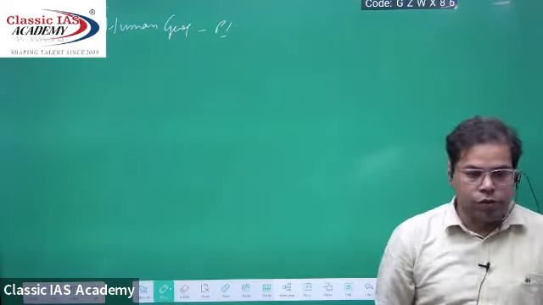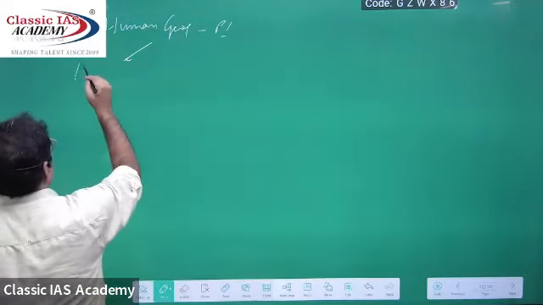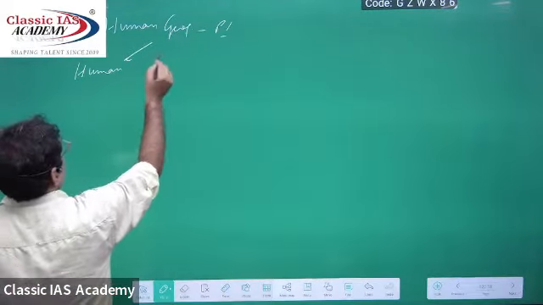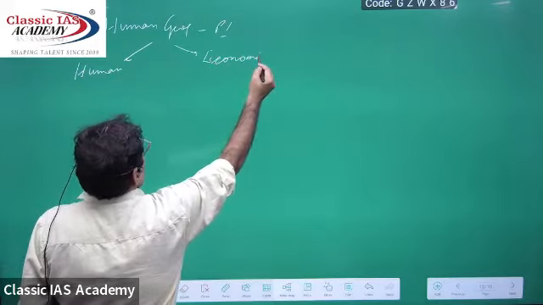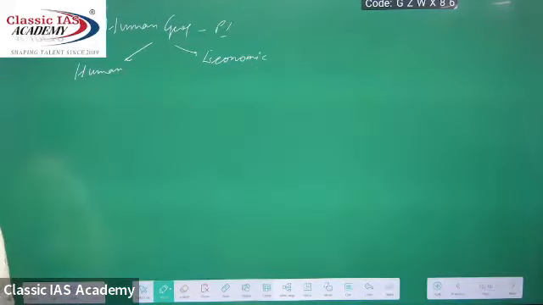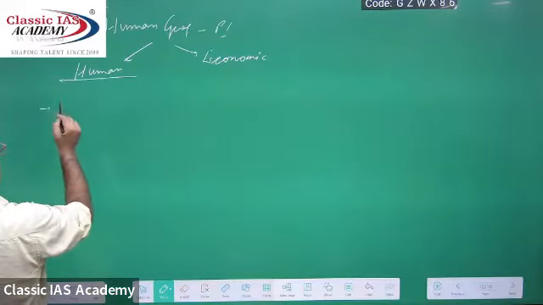This is human geography. But I have split this part into 2. One is human geography, and one is economic geography. In this part, first comes the perspective.